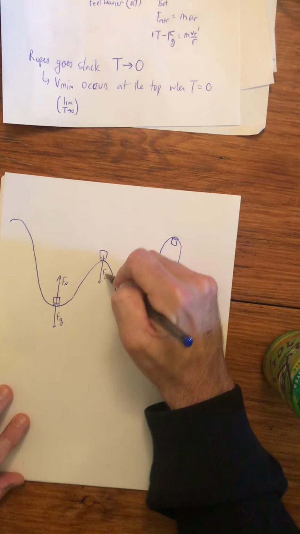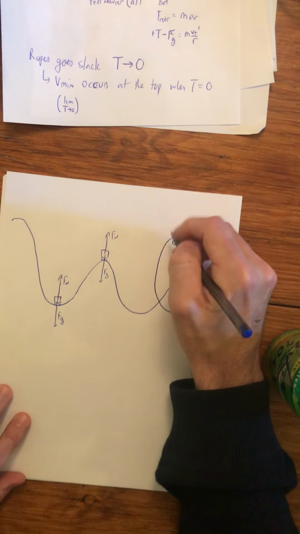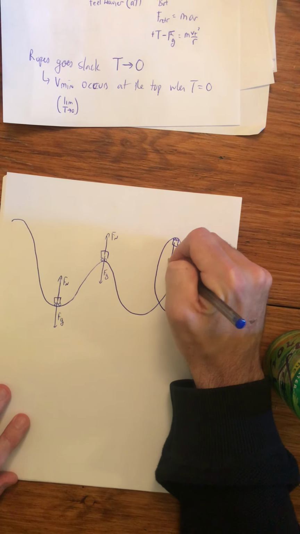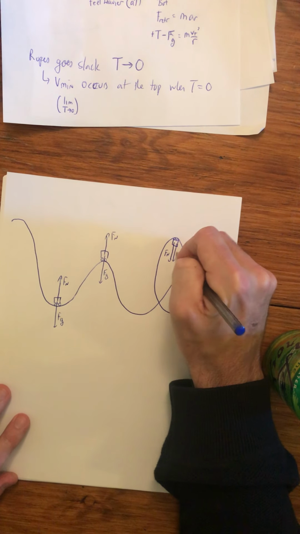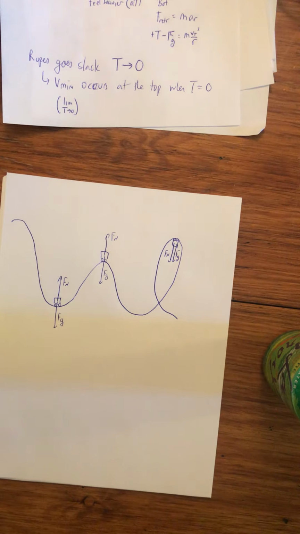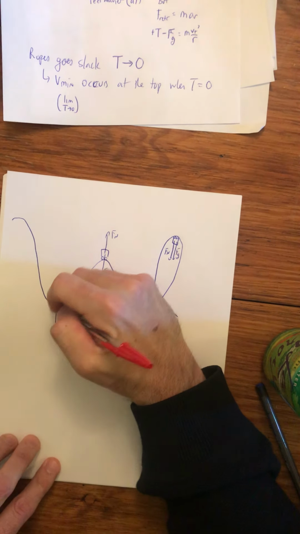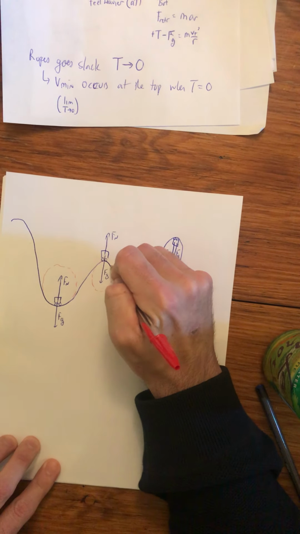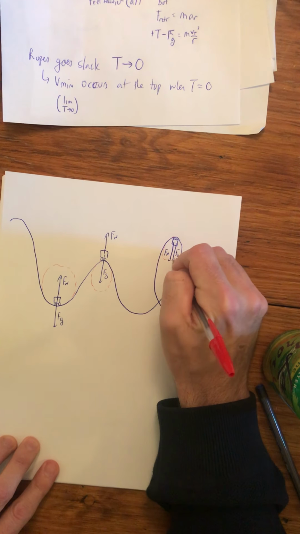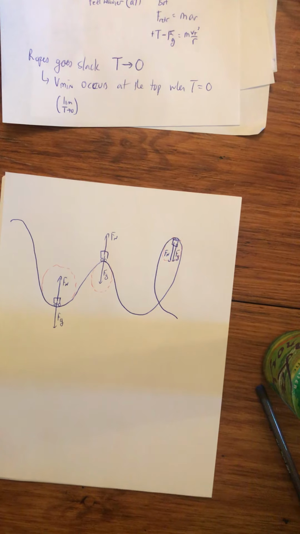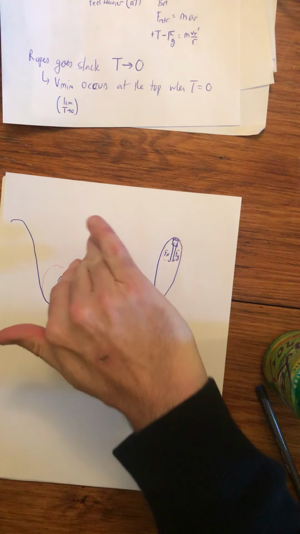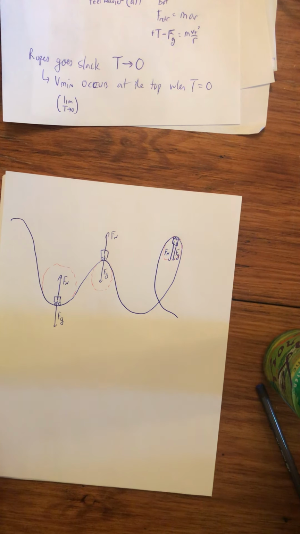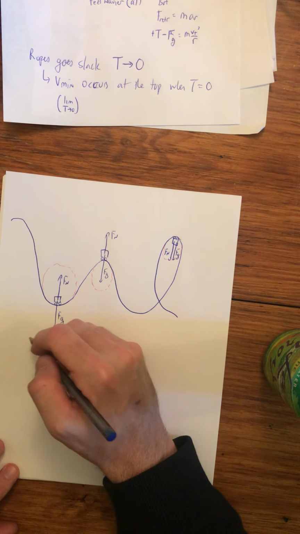Here at the top, because my butt's above my head, Fn pushes down, and Fg is down. Now, where are the circles? These things make sections of circles, as I was talking about before, so the curvature of that circle makes a huge difference when practically designing these things.